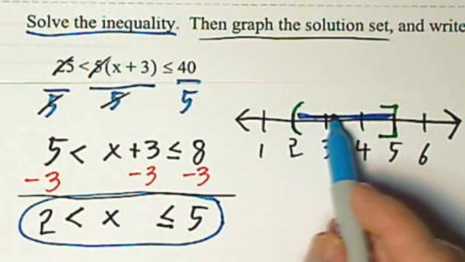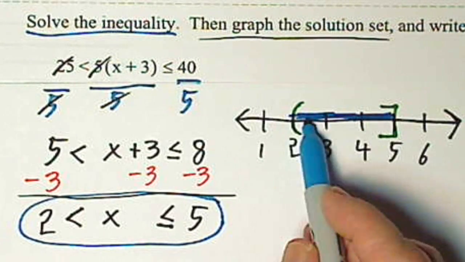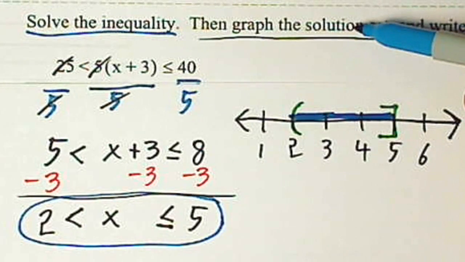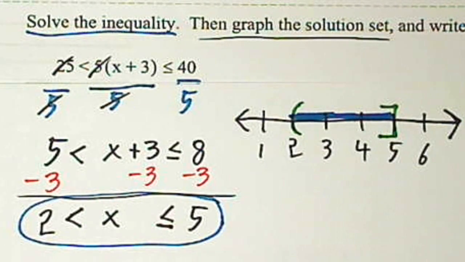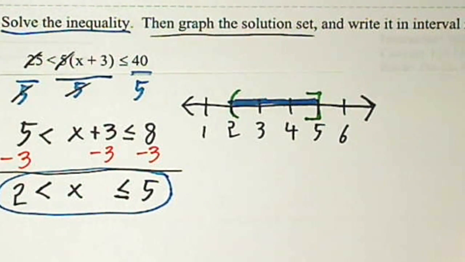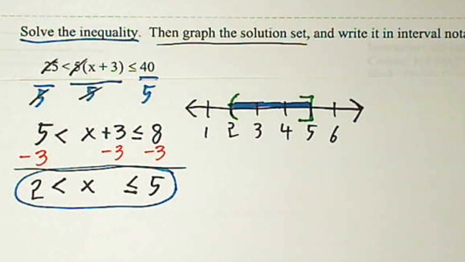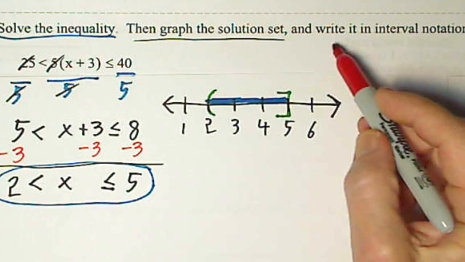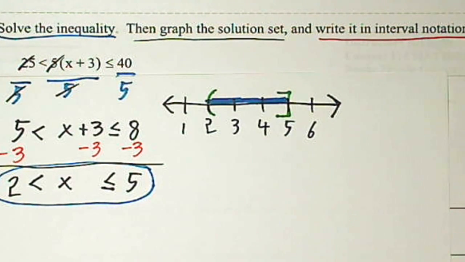All right. So you fill in all the values, okay? So they said graph the solution set, and we just did. And then the last thing they want us to do, let me zoom out. They say write it in interval notation.